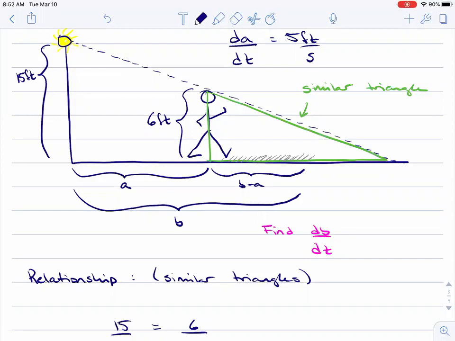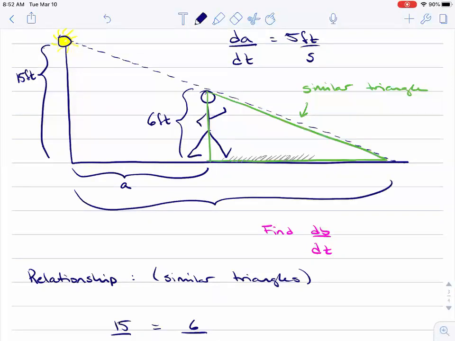Maybe I don't know enough about shadows. Maybe that's the problem, to solve this problem on my own. I think it was right the first time. B minus a.